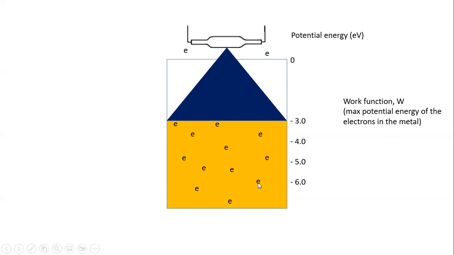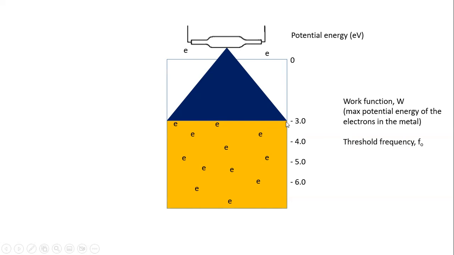So the deeper the electron is inside the metal, the lower its potential energy, and it requires more energy to come out as photoelectrons. So work function is defined as the maximum potential energy of the electrons. And different metals will have different work functions.